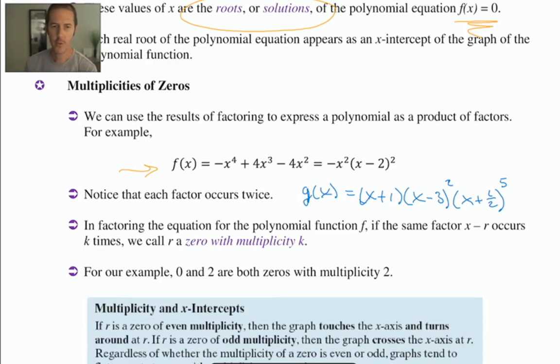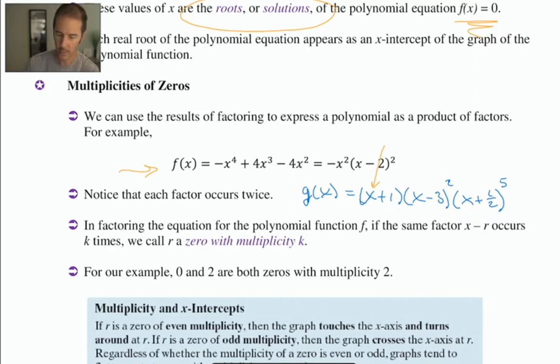What, for starters, are the zeros of this function? In other words, what x values could I plug in for x that would cause the whole thing to equal 0? There are 3 different numbers. If I plug a -1 into this location, -1 plus 1 makes 0. 0 times I don't care what will definitely equal 0.